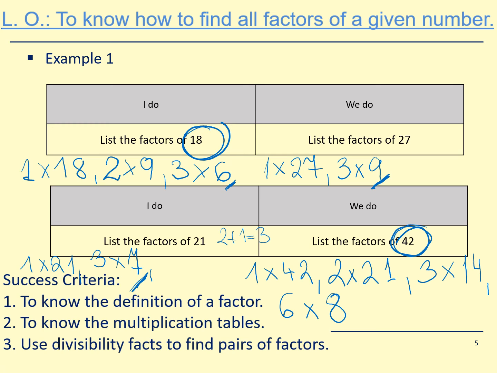No, not 8. Of course not 8. 6 times 7. And 7, oh, 7 is already here. So we're done. So the factors of 42 are 1, 2, 3, 6, 7, 14, 21, 42. If that's what you got, well done.